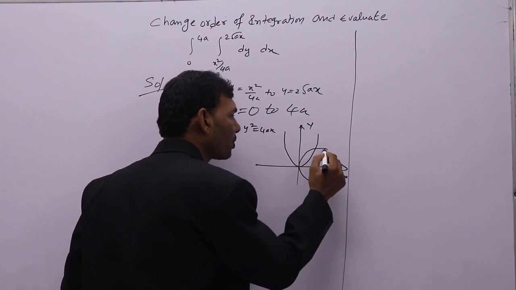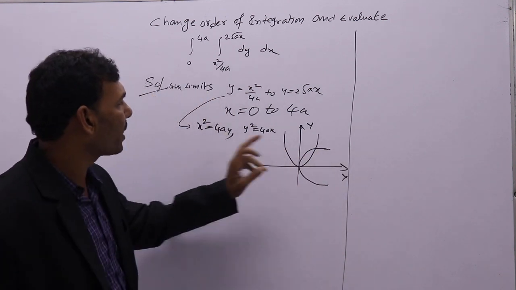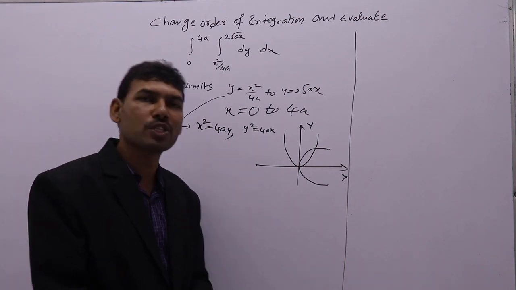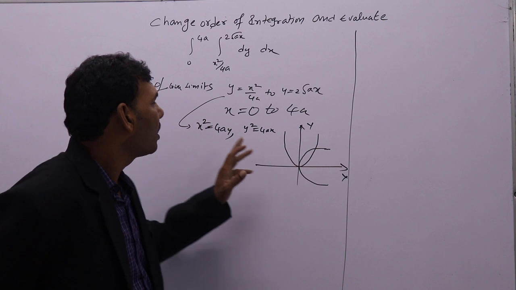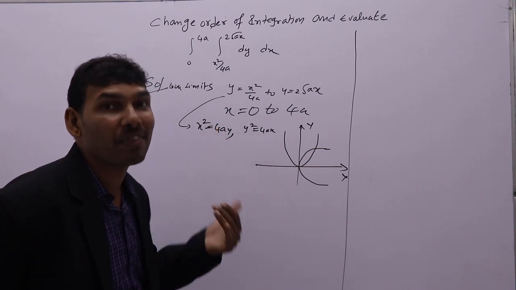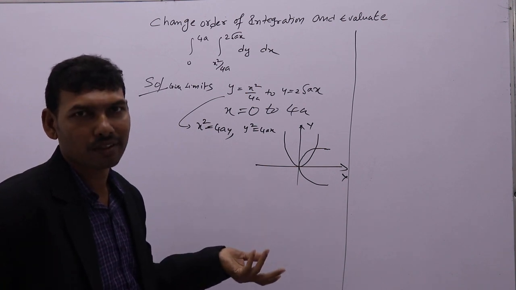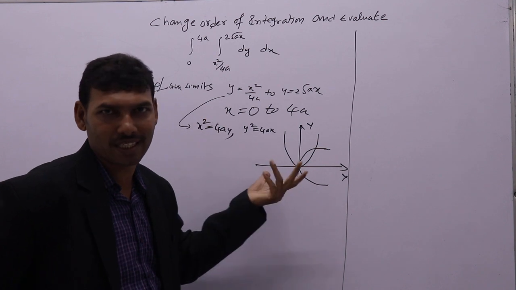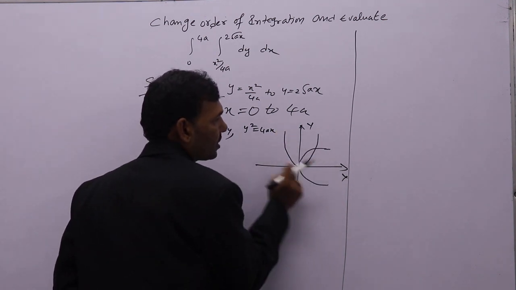You may have one confusion. Which one is y square equal to 4ax? Which one is x square equal to 4ay? For that I am giving one small technique to identify. In whichever equation you see an even power of x, that is x square, that figure will be symmetric about the y-axis.